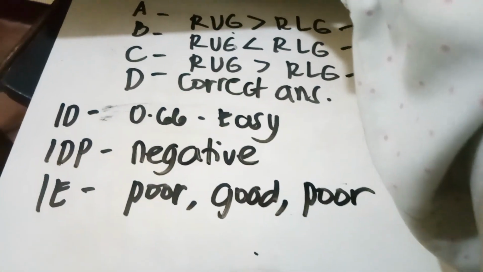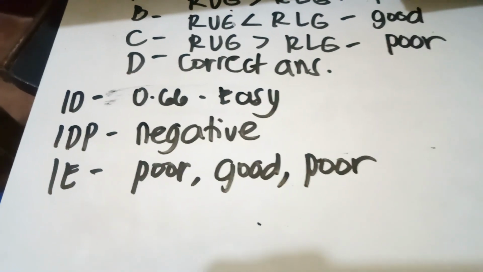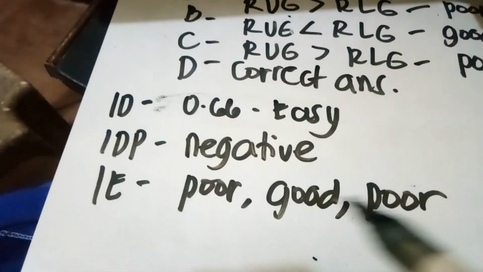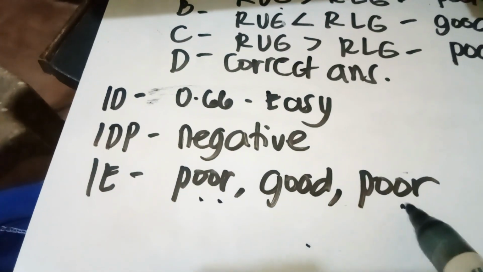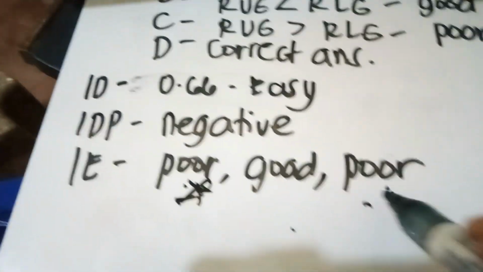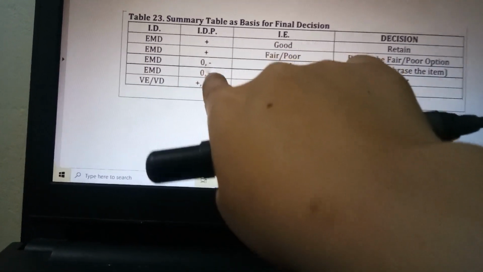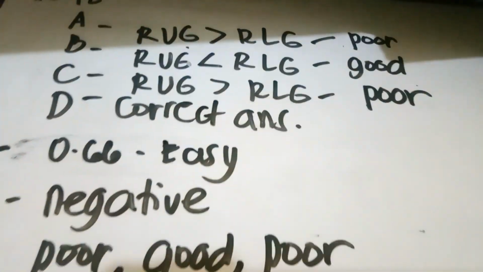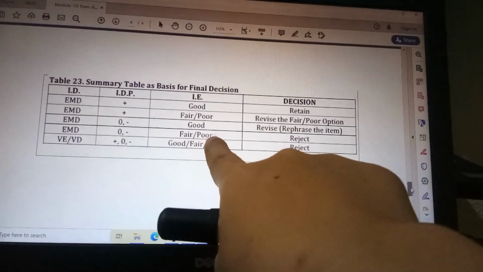Now, let's refer to our table and try to interpret. Here, you can see that the majority are poor options. Two are poor options. Under easy, moderate, difficult, it's easy. Then we have your negative value, and most of your options are under poor.